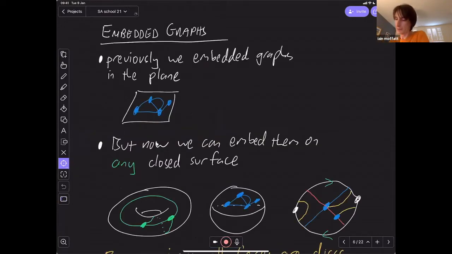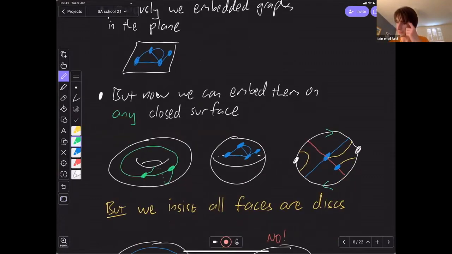So then once you do this, I've got my surfaces, so I think, well, why do I draw the graphs in the plane? There's no reason why I have to stick with the plane. So I can start drawing my graphs on any closed surface whatsoever. And the rules are exactly the same as before, so my vertices become points, and my edges between them are just curves on the surface.